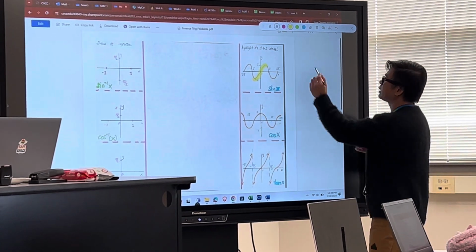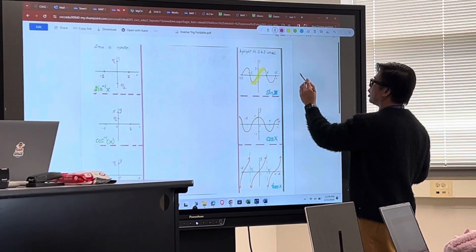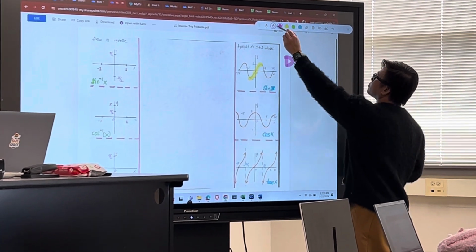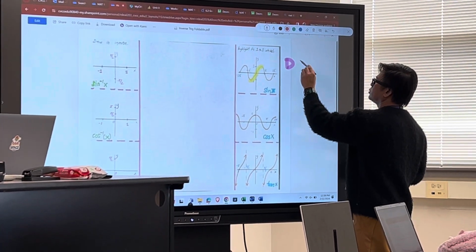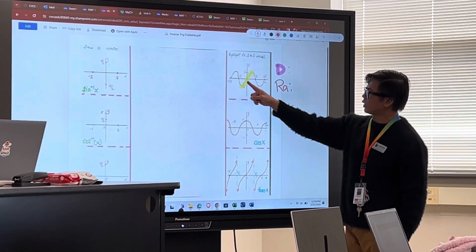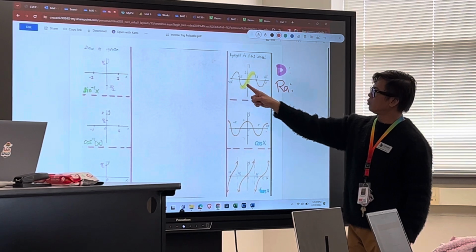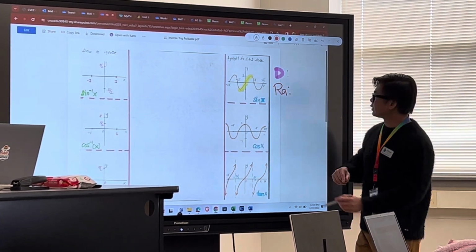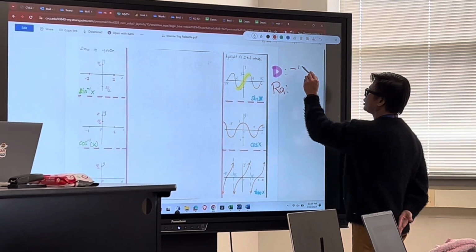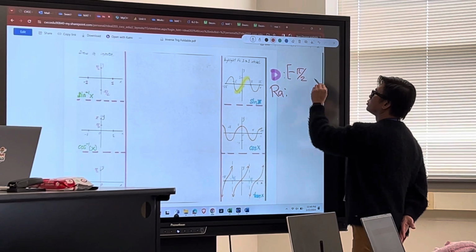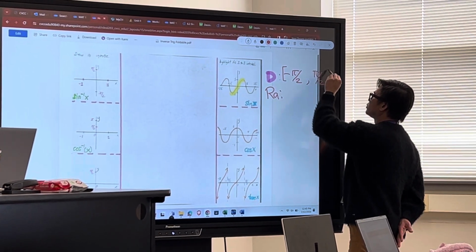So with that being said, for it to be 1 to 1, I'm gonna restrict the domain and range. The domain in here would be restricted from where to where? From negative pi over 2 to pi over 2. Get it? So this is the domain, negative pi over 2 to pi over 2.